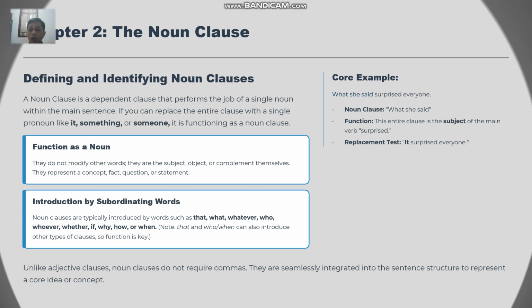The noun clause is what she said, and the function: this entire clause is the subject of the main verb surprised. And the replacement test: it surprised everyone. Unlike adjective clauses, noun clauses do not require commas. They are seamlessly integrated into the sentence structure to represent a core idea or concept.